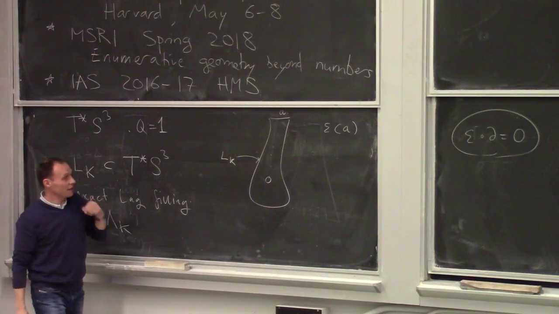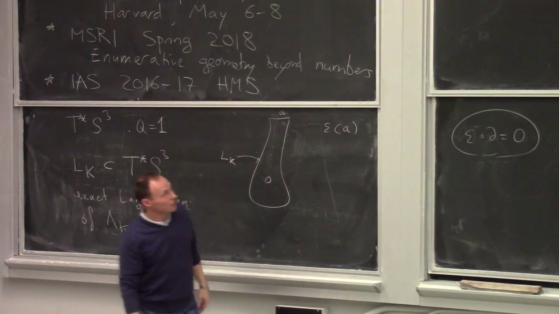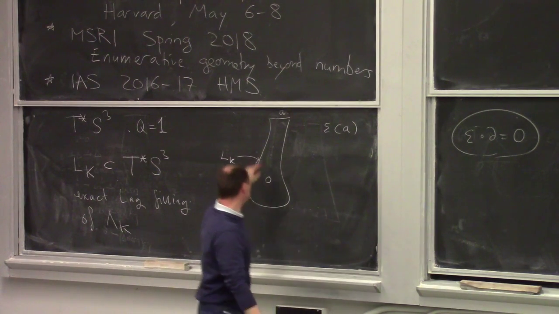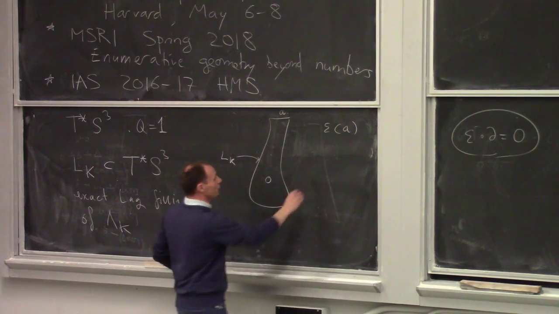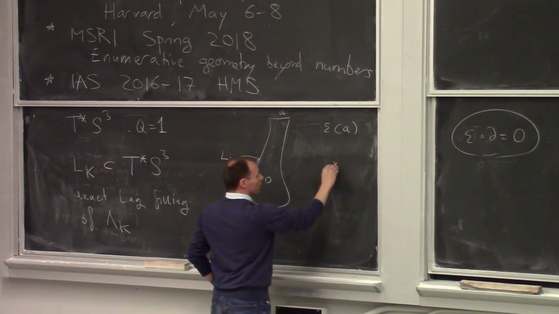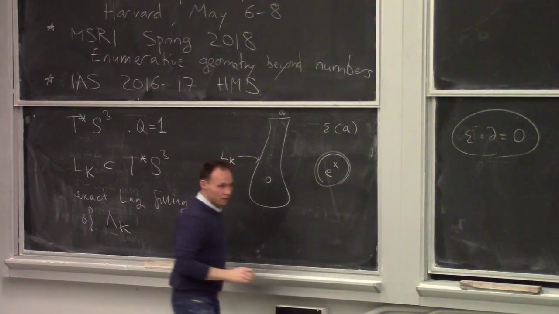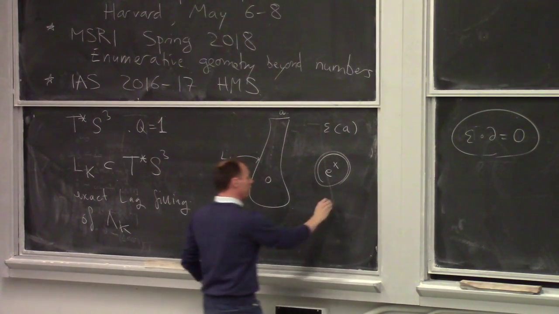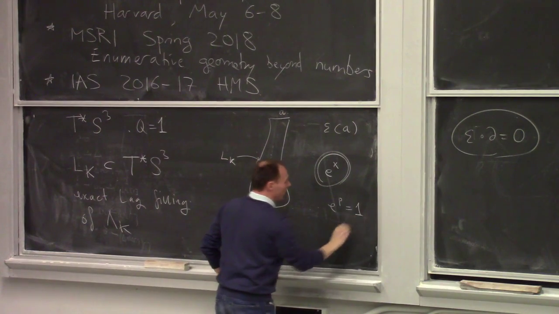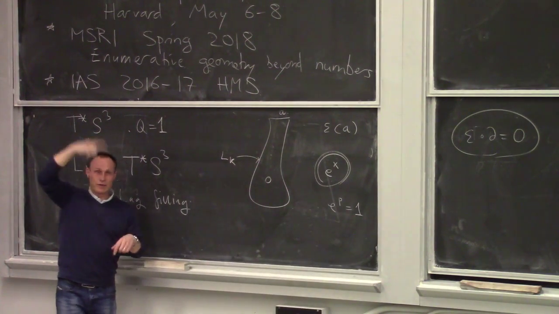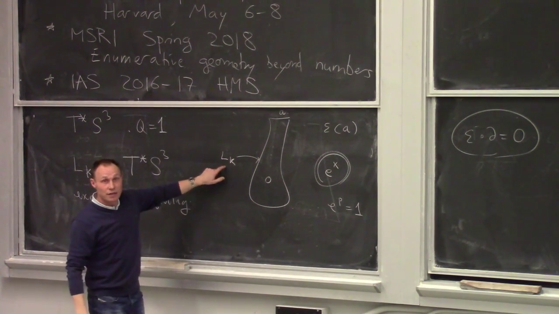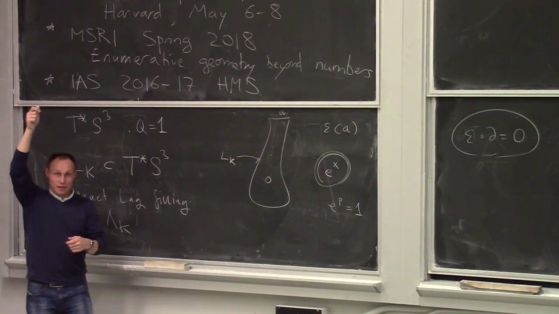And we would like to say that now this count is a count where we can incorporate the variable e^x, right? e^p needs to be 1 because p is the meridian, and when I take this Lagrangian filling, then p is filled.